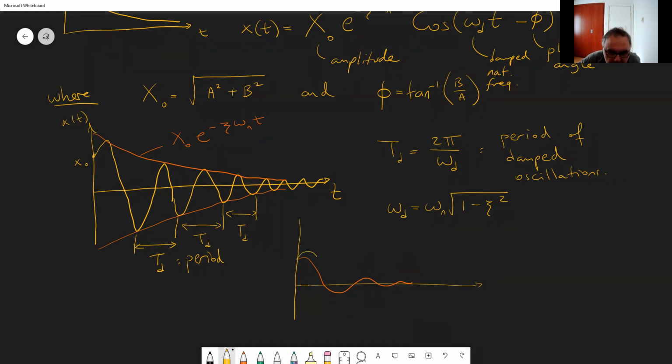I couldn't draw it. You know, this is low damping. So the oscillations continue for a long time if you have low damping in the system.